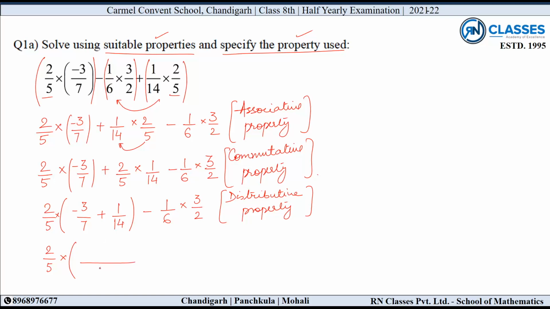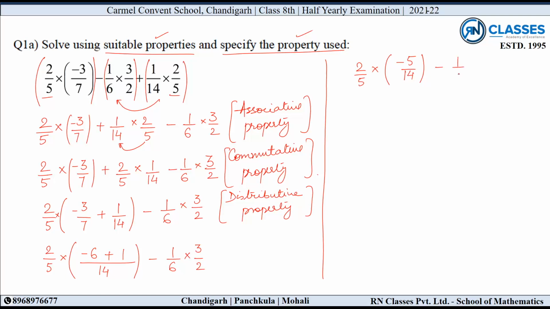We have to take the LCM. 1 by 14. 7 twos are 14. 3 twos are 6. Minus 6 plus 1. Minus 1 by 6 into 3 by 2. Right? So, 2 by 5 into bracket minus 6 plus 1, minus 5 by 14, right?